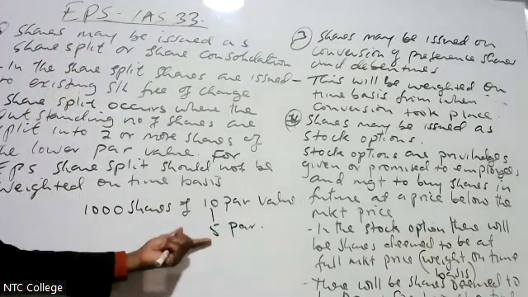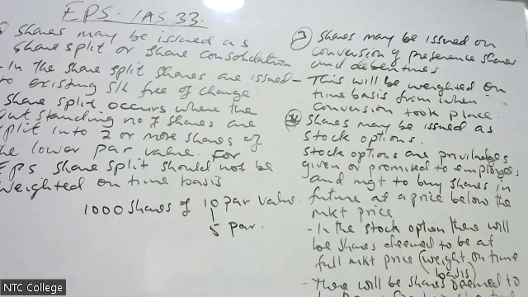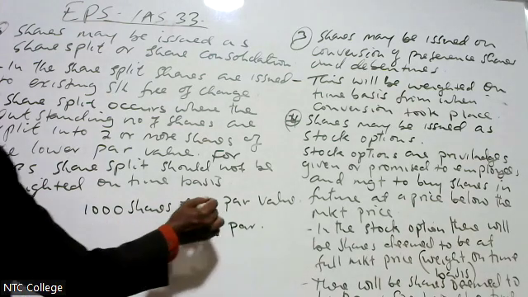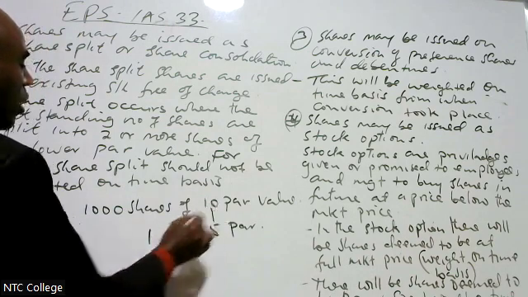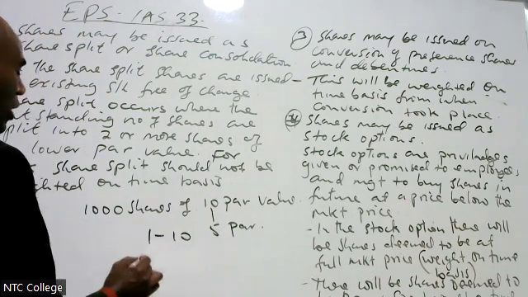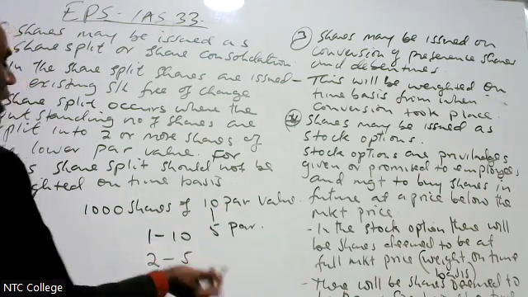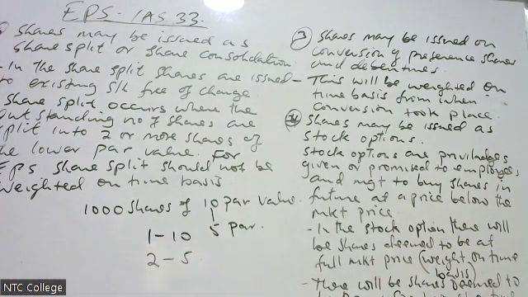When I split into shillings 5, I'm going to increase the number of shares, because if you have one share of shillings 10, I'm going to give you 2 shares of shillings 5.